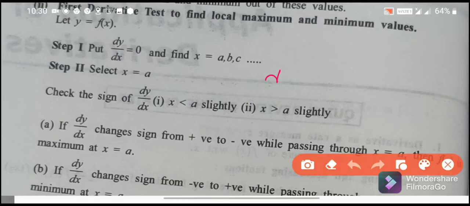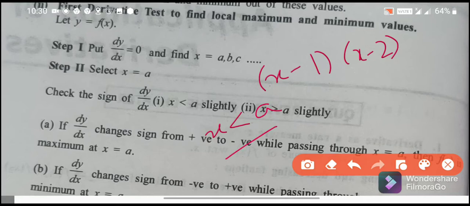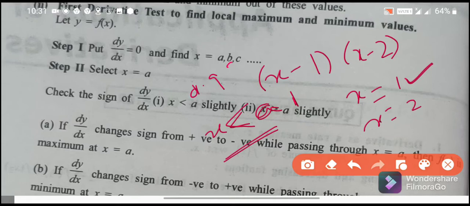For example, we have dy by dx equal to x minus 1 times x minus 2. Now the points are x is equal to 1 or x is equal to 2. First of all check x is equal to 1. x slightly less than 1 means 0.99.